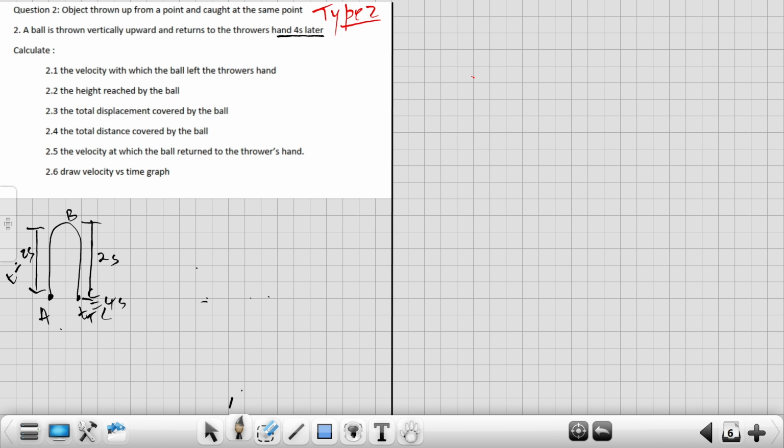Then what else do I have? Applying the physics principles, I can easily say that at maximum height, I have V equal to 0 meters per second. What else do I have, or which information do I know? I always know that my G is equal to 9.8 meters per second squared, and I must emphasize that it will always be downwards.